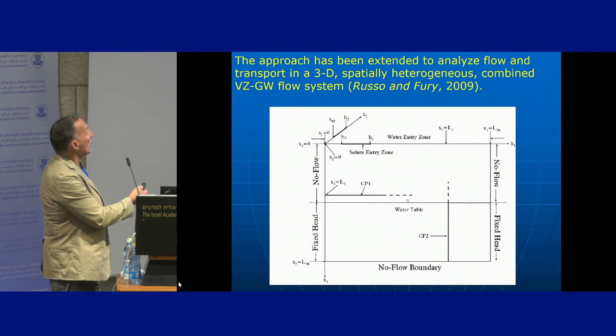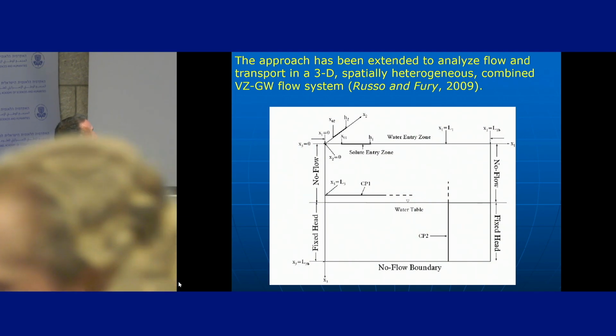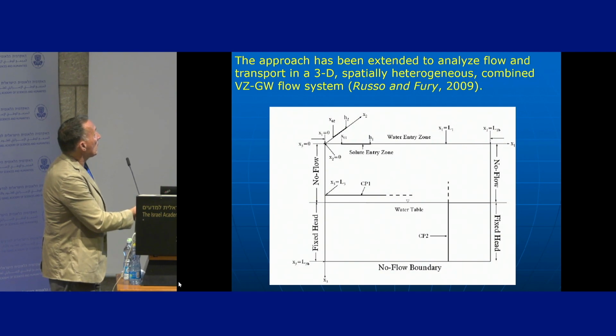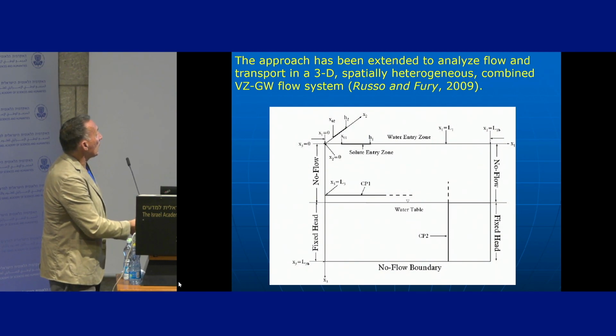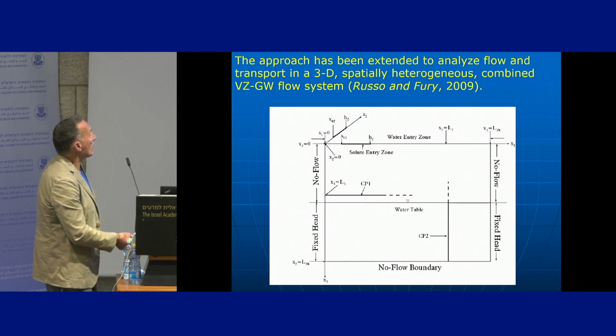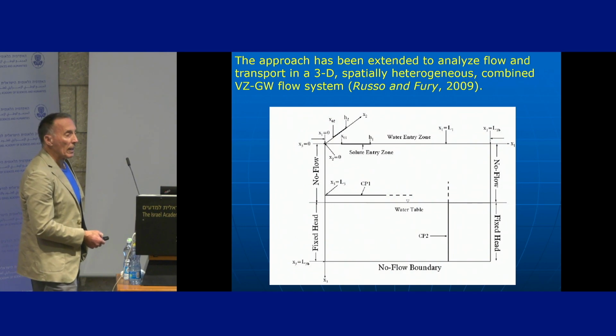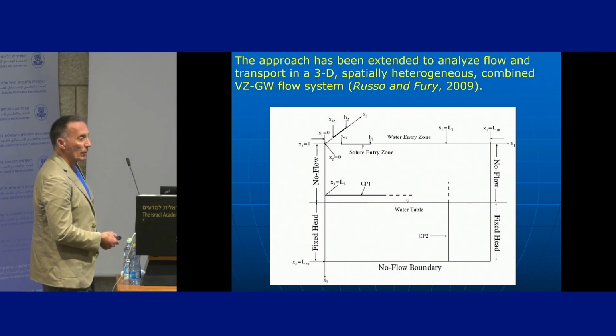You can see that we have an entry zone at the soil surface. Here is the groundwater, and we have here a horizontal control plane, and a second horizontal plane in the groundwater. And we analyzed this numerically and analytically, based again on the Lagrangian approach developed by Gedeon.